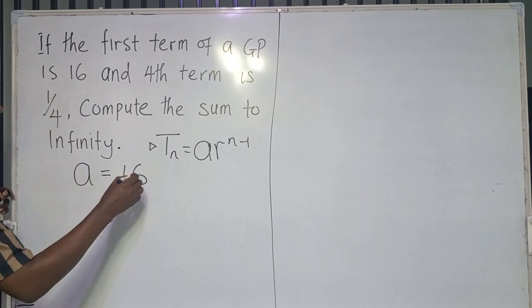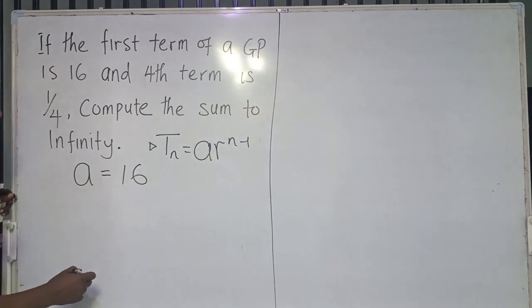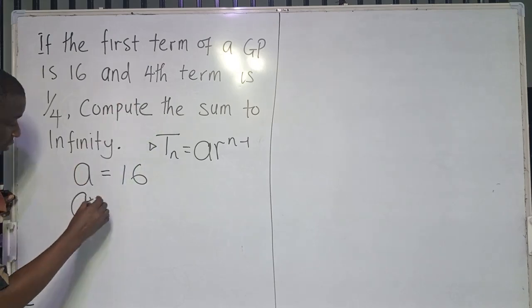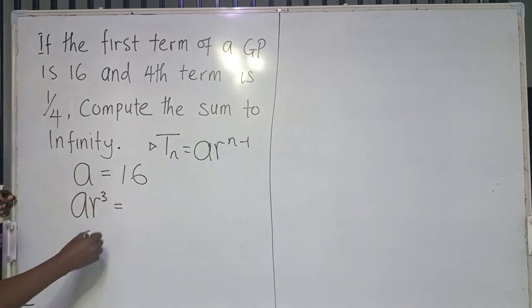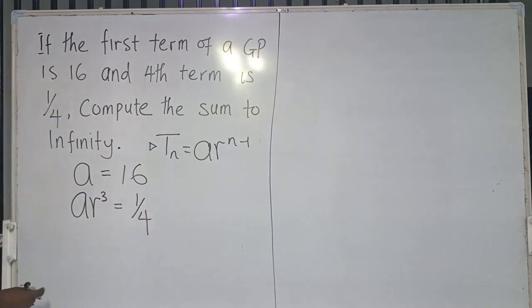Now the fourth term: if n is 4, then I have 4 minus 1, which is 3. So we have ar raised to the power 3 for the fourth term, equal to 1/4.